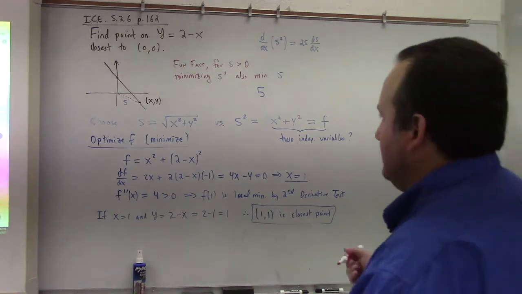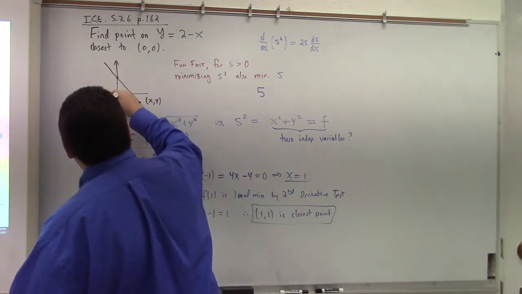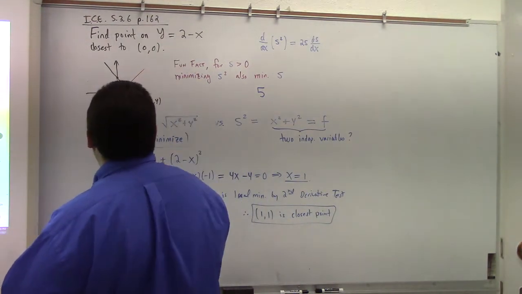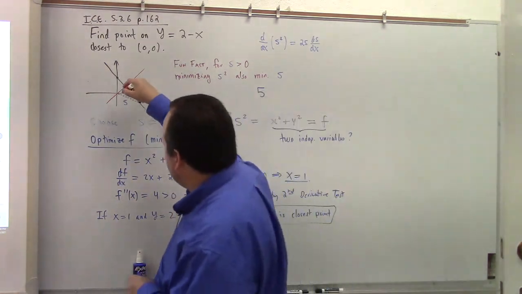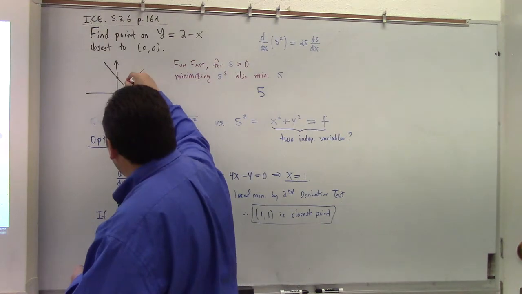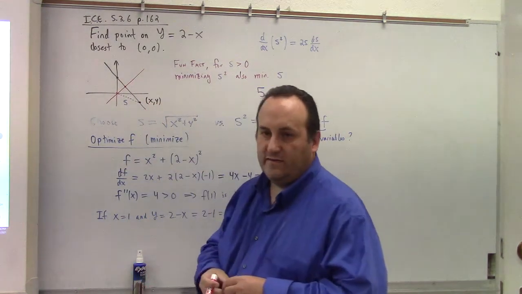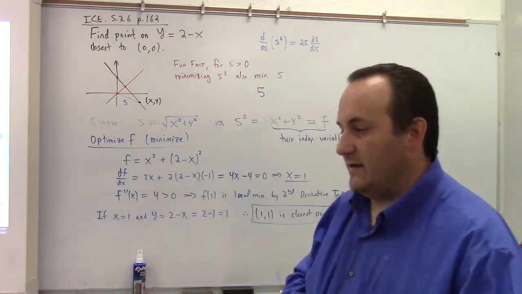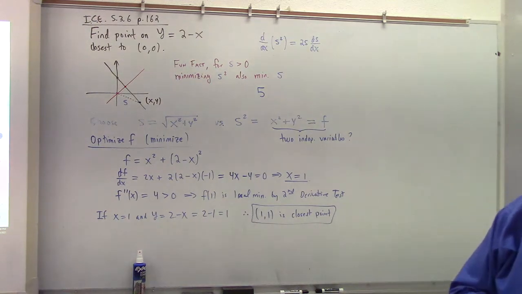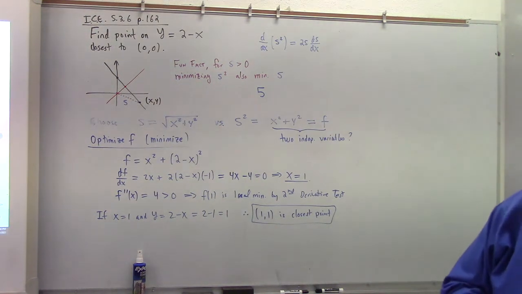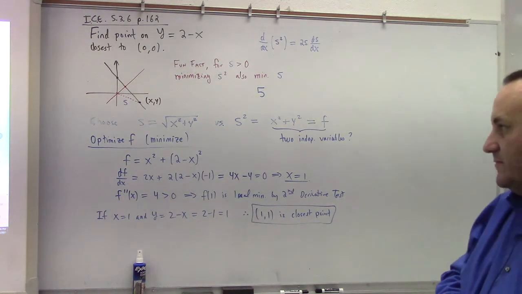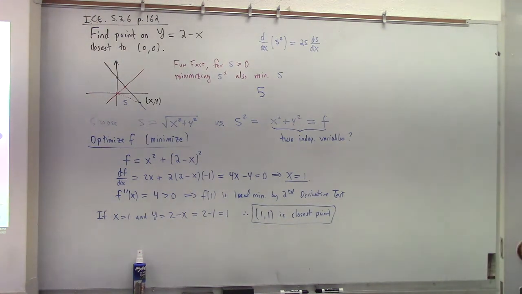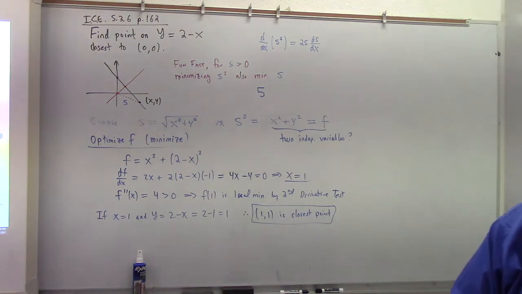If you did that, it looks like this. The perpendicular from the origin to the line is going to give you the closest point. And it just so happens that a line with slope 1 is perpendicular to a line with slope minus 1, and the intersection point is (1, 1). So that's another way we could solve this problem without calculus, just with methods of high school geometry.